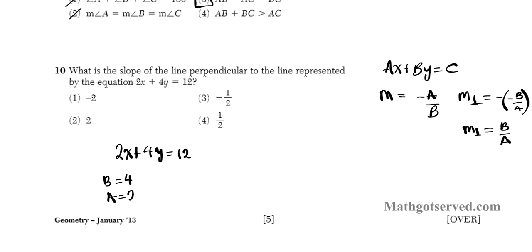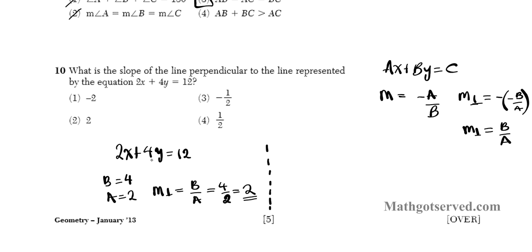So we can simply conclude that the slope of a perpendicular line, which is b over a, is simply 4 over 2, which equals 2. End of story.